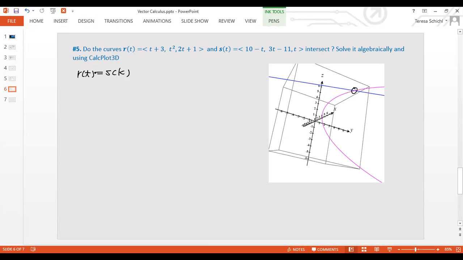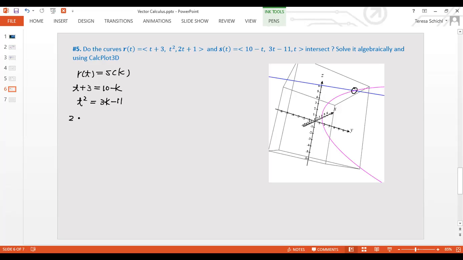So that means if they intersect, these two have to be equal, right? So now you can say t plus 3 is going to equal 10 minus k. The same here, t squared is going to equal 3k minus 11, right?